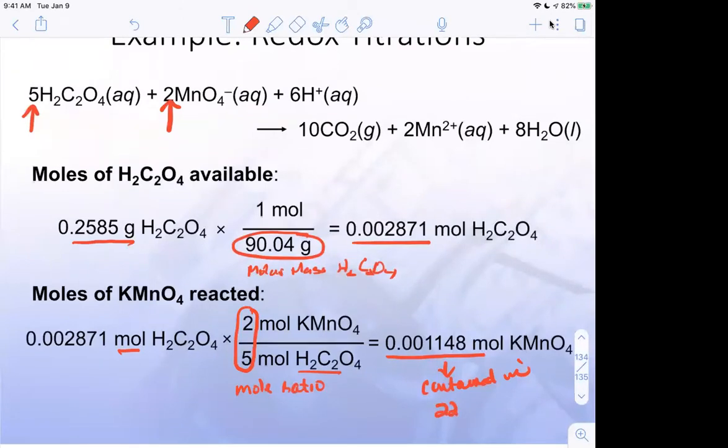That 22.35 milliliters had this many moles of potassium permanganate in it, and I know that because that's when I reached my endpoint. All the oxalic acid was basically reacted. I got that purple color that persisted, and I can calculate the moles of permanganate that it took to do that.